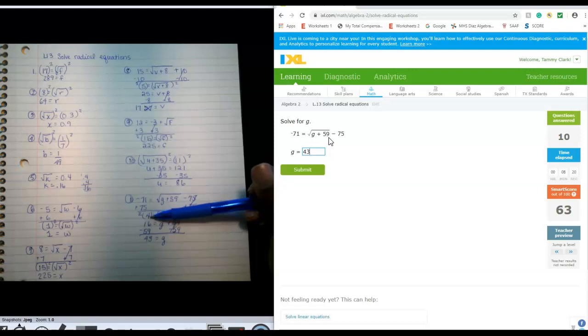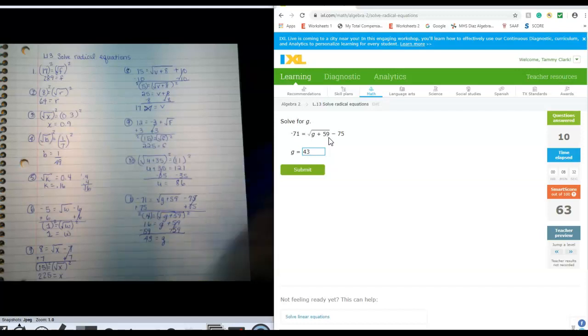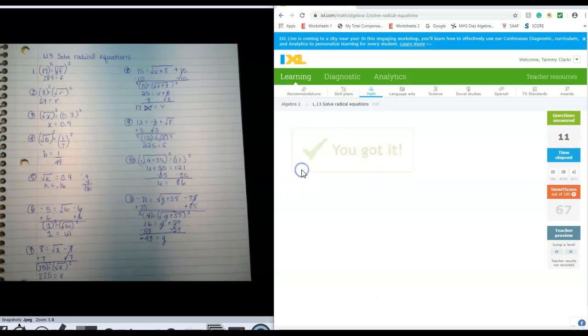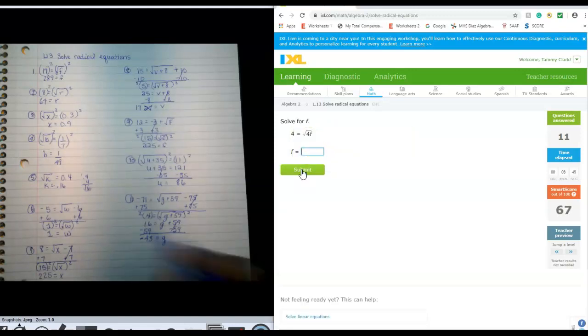I got 4, and then g plus 59. I squared both sides, and I got g plus 59, and I squared the 4, and I got 16. Well, if I subtract, there it is right there. Should be negative 43. That makes more sense. That's why you have to check things, guys, especially when you're going pretty fast.